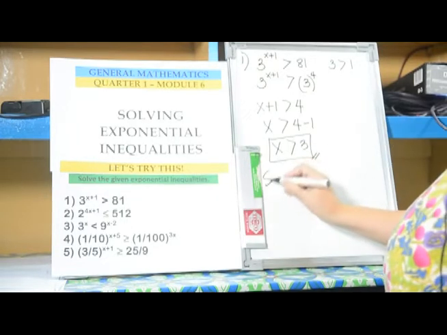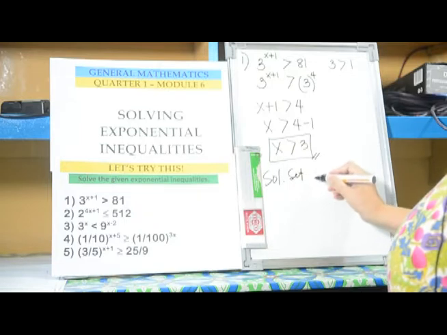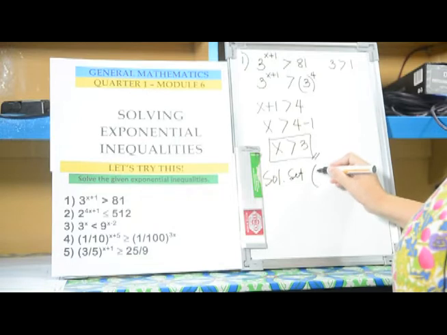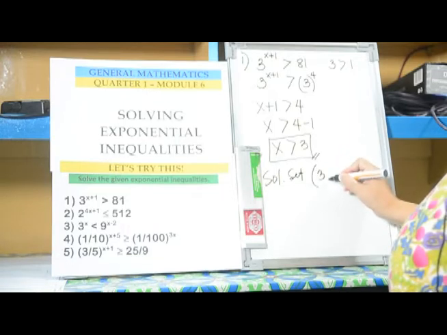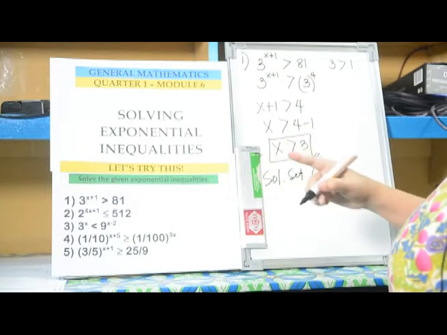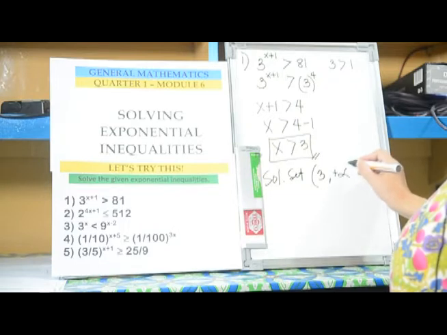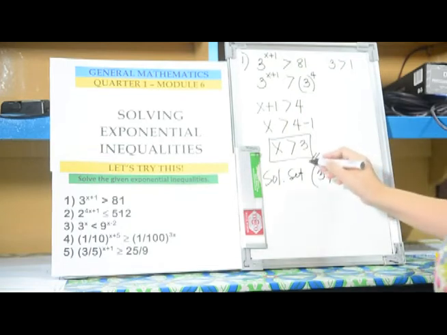So for our solution set, we can have this as an open parenthesis, so you have 3, and then going to the positive value of your x, positive infinity, open also. That would be the solution set.